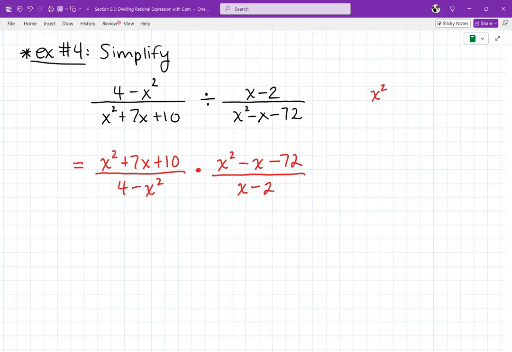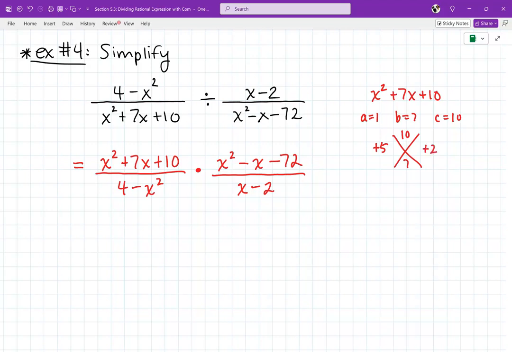The x squared plus 7x plus 10. I know a is 1, b is 7, c is 10. So according to my x method, it's 10 on top and 7 on the bottom. Okay? Two numbers that multiply to 10 that add 7 would be a positive 5 and a positive 2.